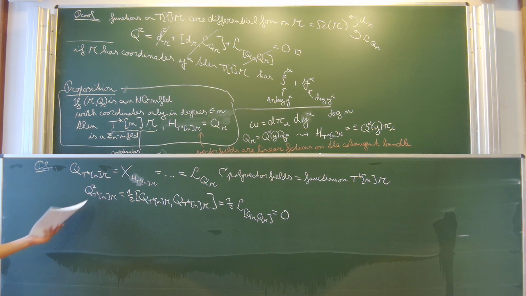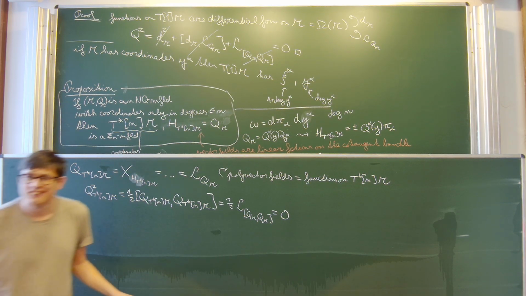So it should again translate just to the fact that Q squared is 0. There is a slicker way that I just realized as I wrote it up, but we will see that later on.